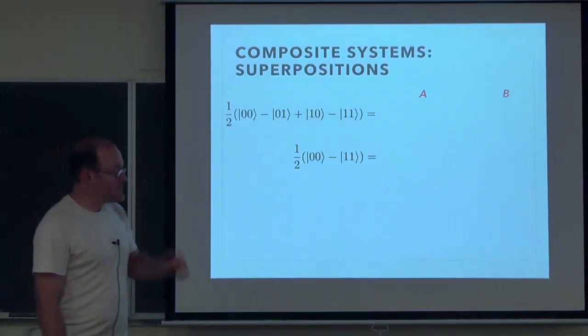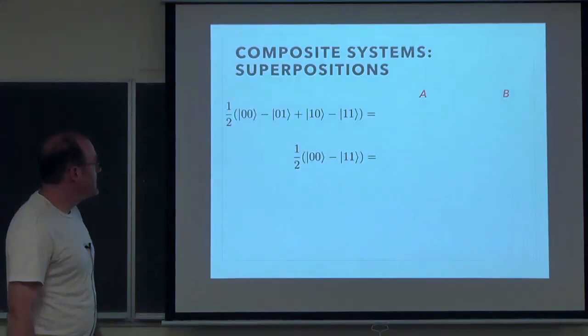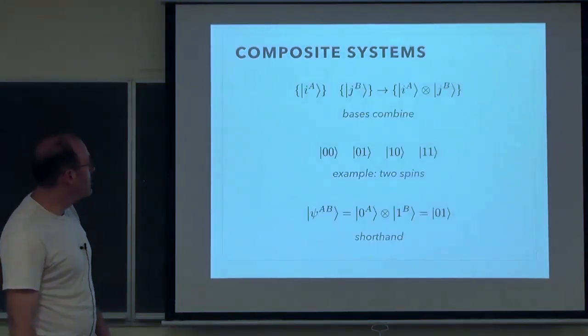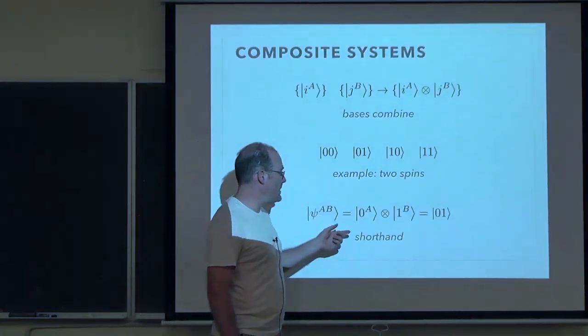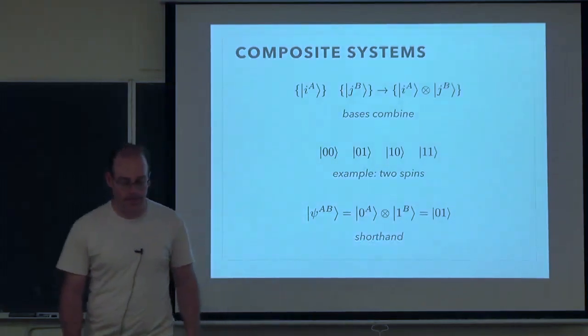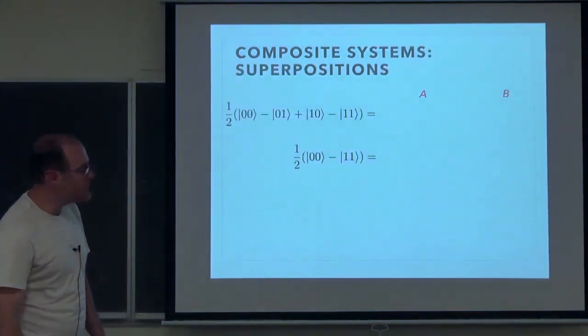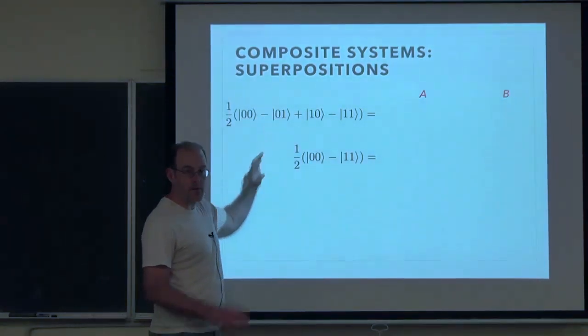So one question you can ask is, can I, as I did before, write this overall state as something with A's on the left and B's on the right? The way I've written it here, this is an A thing, a B thing, an A thing, a B thing, they're all mixed together.